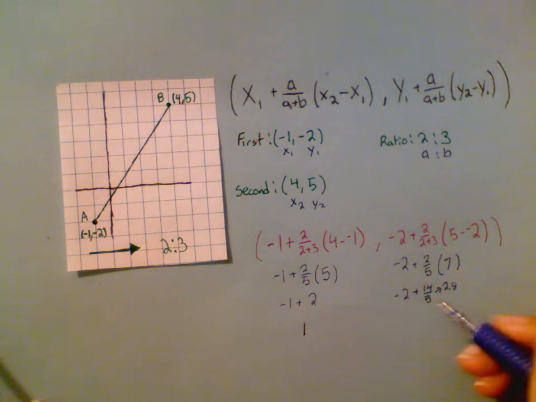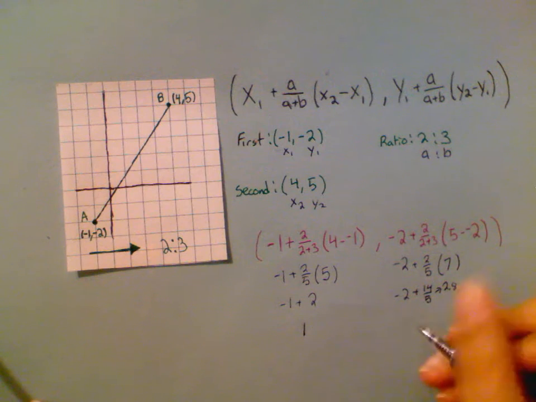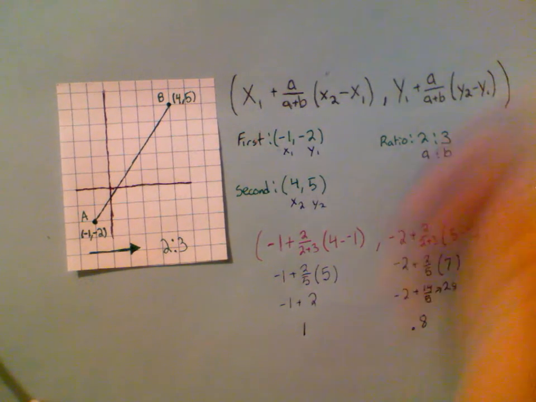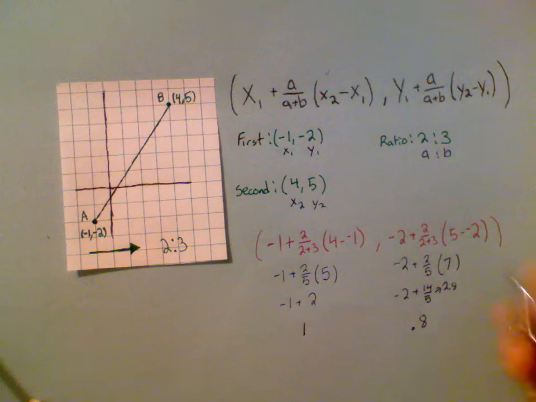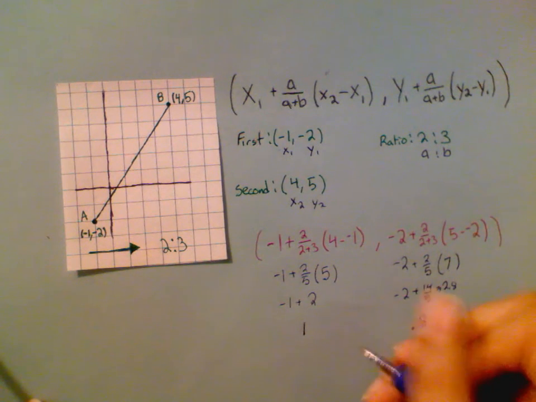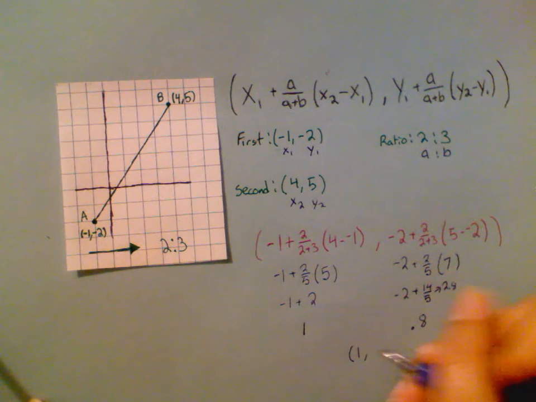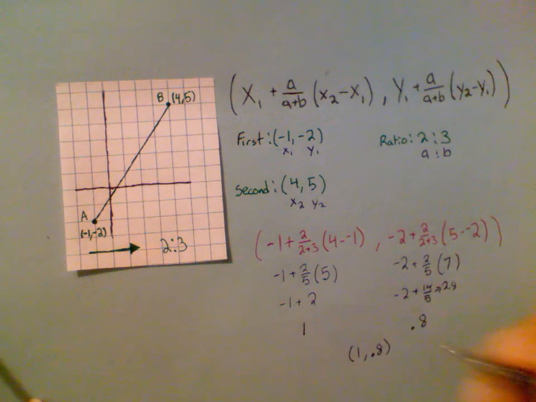So negative 2 plus 2.8 is just 0.8 for your y value. So our partition point, which is what we were trying to find with this crazy long formula, is going to wind up being 1, comma, 0.8. So 1 for x and 0.8 for y.